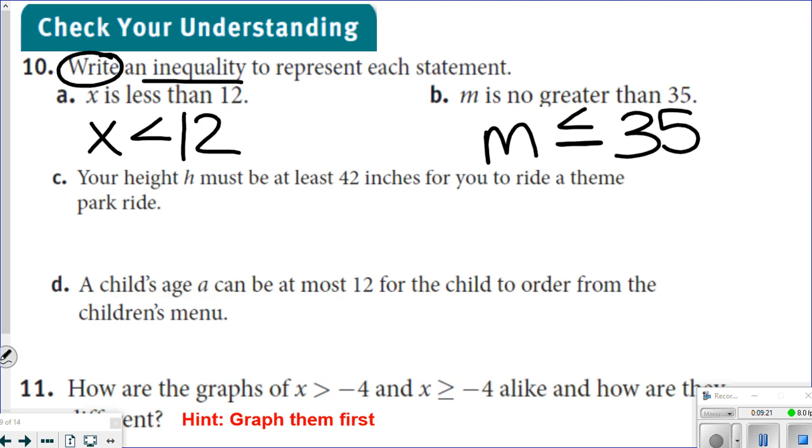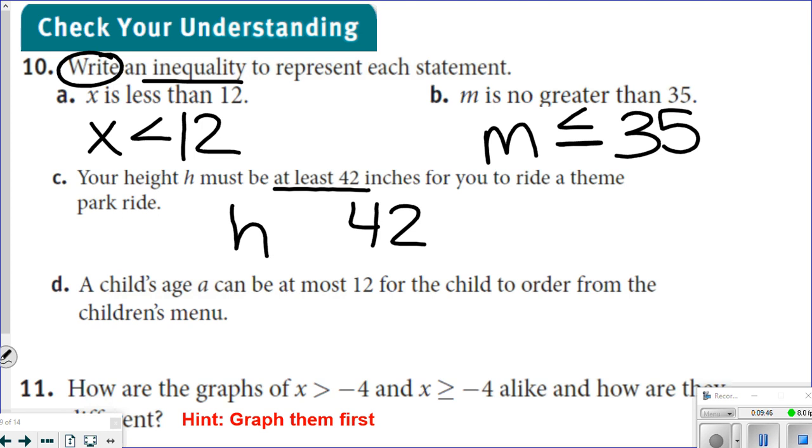Question C. Ooh, this is a real life example. Your height h must be at least 42 inches tall for you to ride a roller coaster. So height h, and I need 42, at least 42 inches tall. So think about a baby.